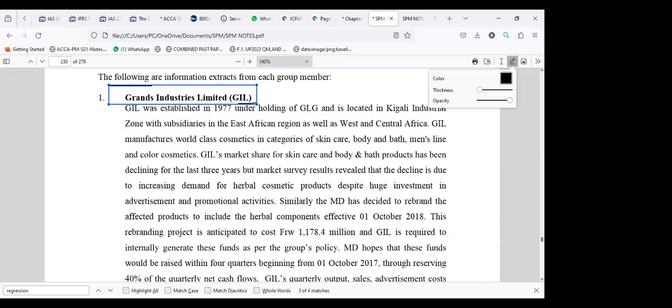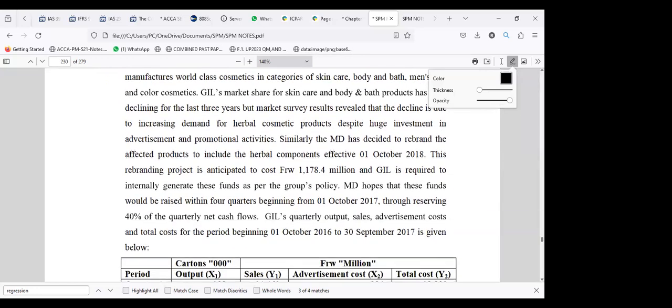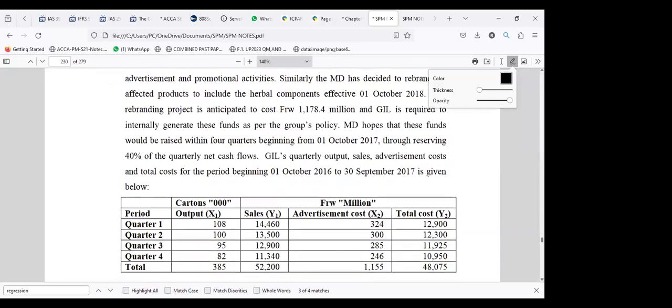This rebranding project is anticipated to cost a franc of 1,178.4 million. GIL is required internally to generate these funds as per the group policy.